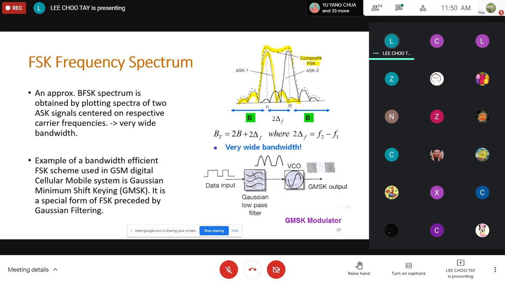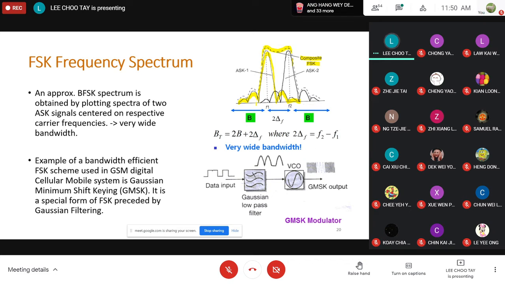So you can again expect the spectrum for 2FSK to be very, very wide as well. The ASK bandwidth is already wide, and now we have two ASK waveforms, so that means the FSK's bandwidth is going to be even much wider.